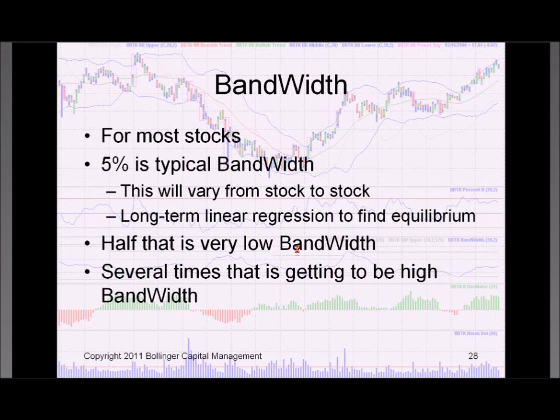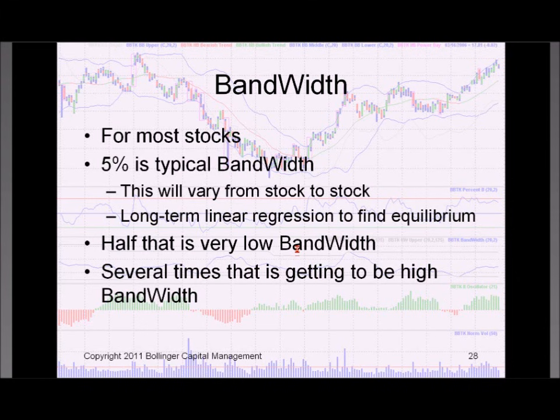For most stocks, 5% is pretty typical bandwidth. Some stocks will run higher on average, some stocks will run lower on average. The easiest way to find out what the normal is for any given stock is to run linear regression on bandwidth. Almost all the technical analysis software will let you do that sort of thing now.